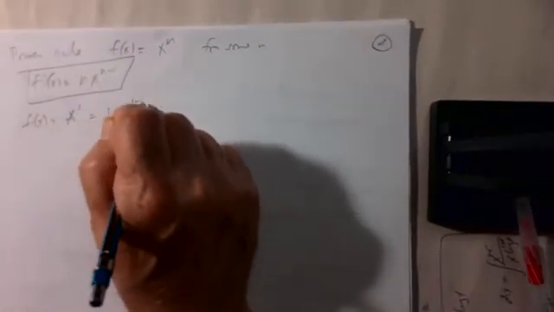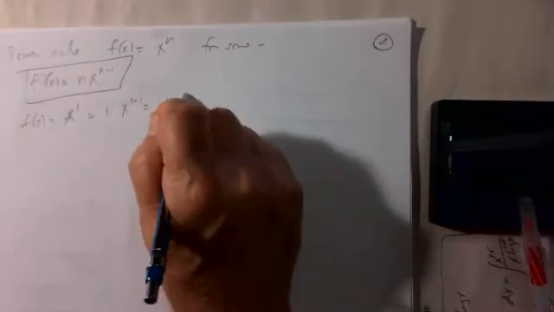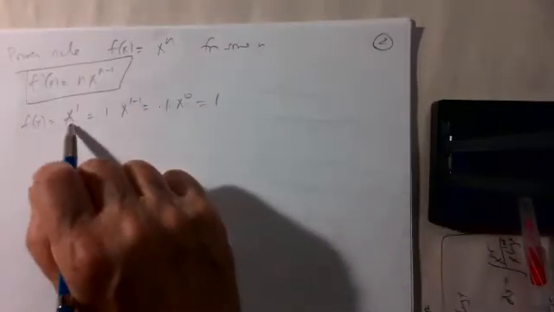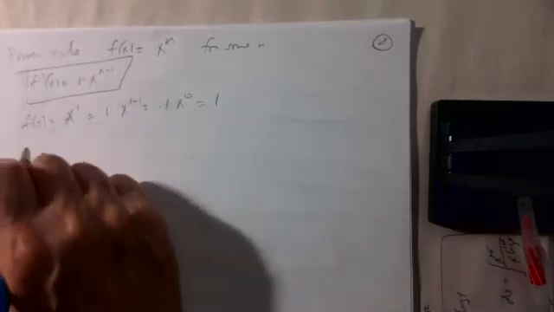If you differentiate x to the power n, you get n x to the n minus 1. So for example, f of x, that's x to the first power. That's 1 x to the 1 minus 1, which is 1 times x to the 0. x to the 0 is 1. So the derivative of x is 1. So this is the case n equals 1.